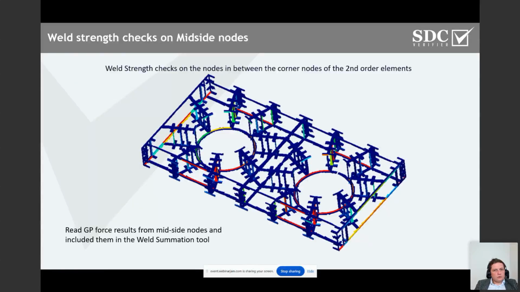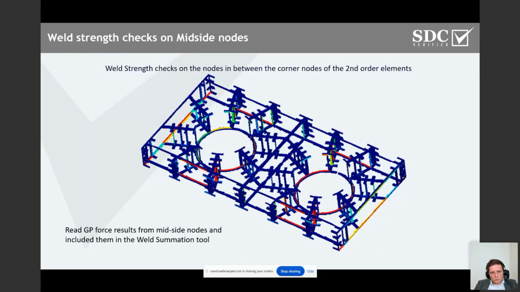Now, a big update for those who use mid-side nodes in their FEA models. If you're building a shell model with second order elements and you have those extra nodes in between the corner nodes, in most FEA software they are called mid-side nodes. In the previous versions of SDC Verifier, we were not taking into account the force results from mid-side nodes in the weld summation tool, and therefore in the weld finder and therefore in the weld strength checks.